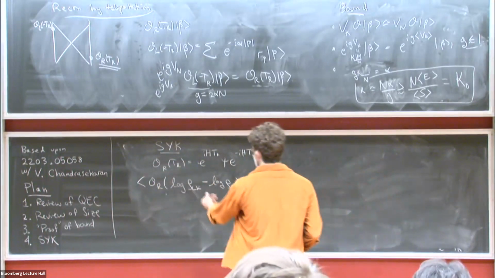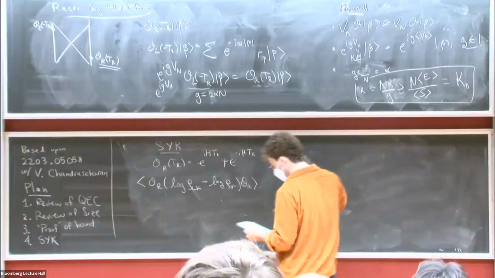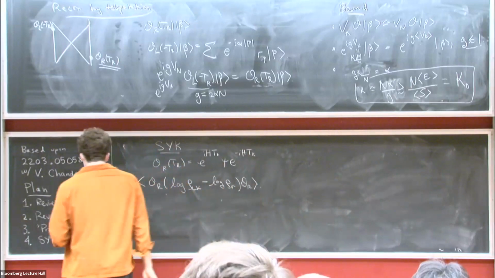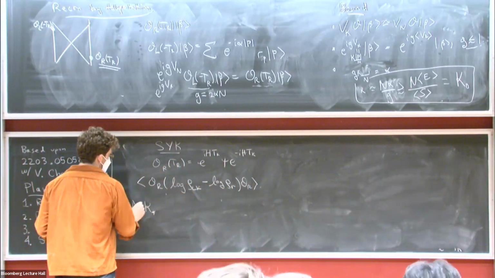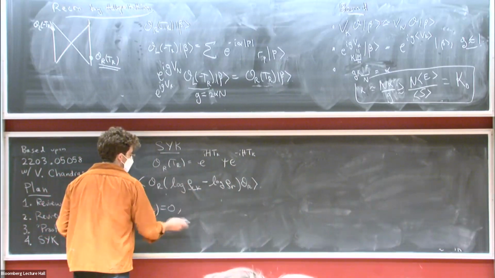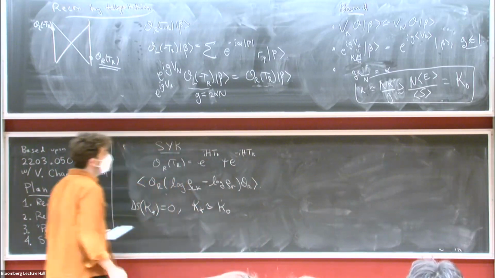So the K star, the K when this transitions, is basically equal to that K0. In SYK, K star is basically K0.